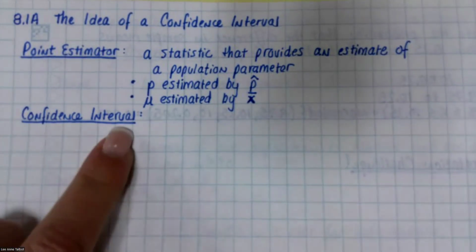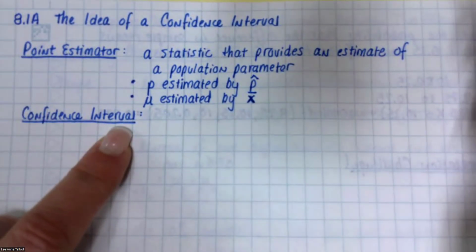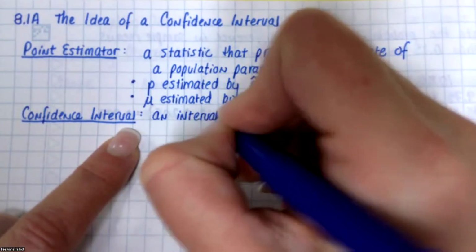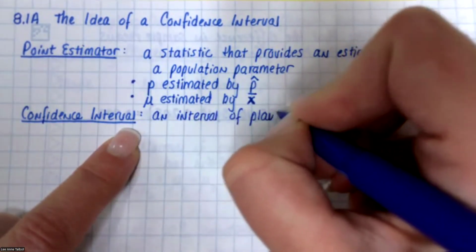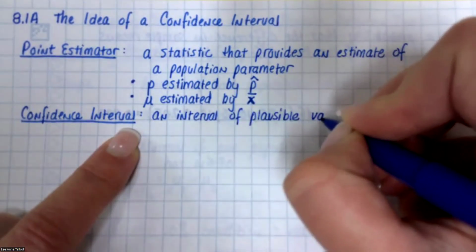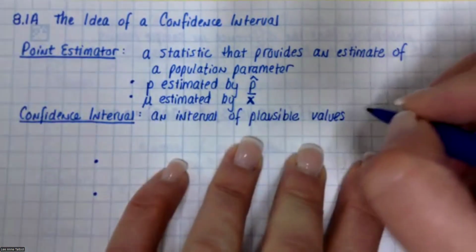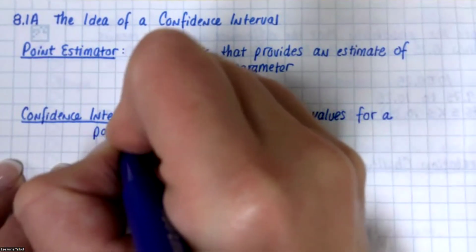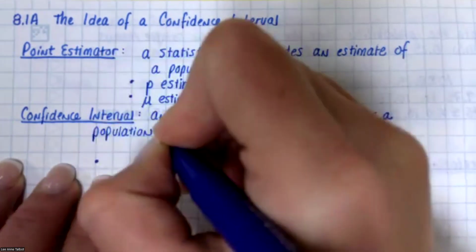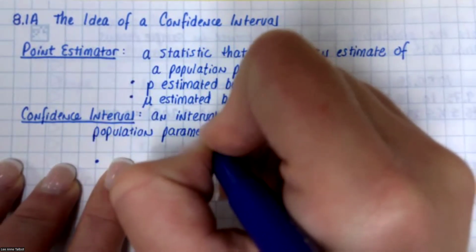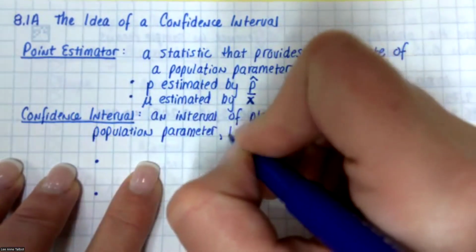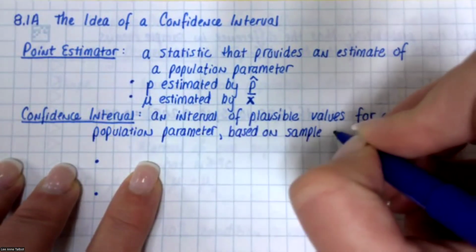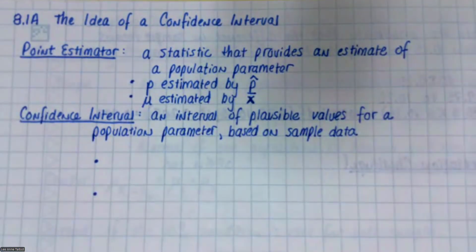Okay. Confidence interval. This is the thing I was talking about with Garfield. Confidence interval is an interval of plausible values for a population parameter based on sample data.